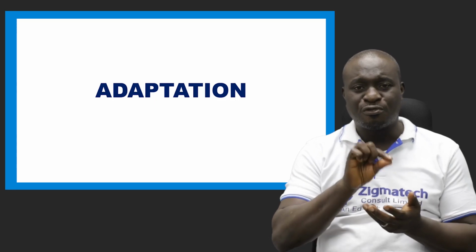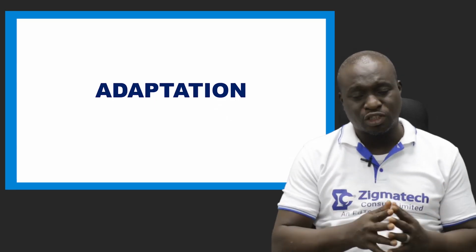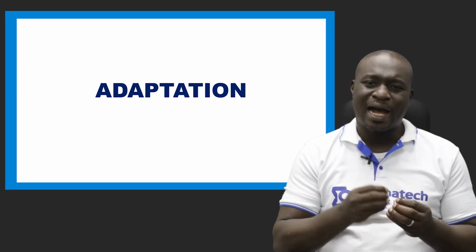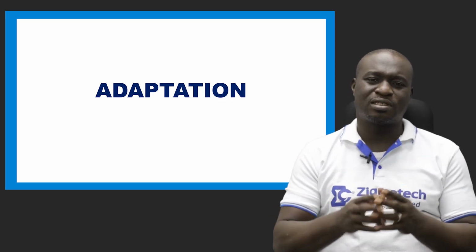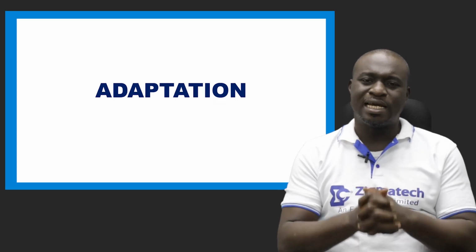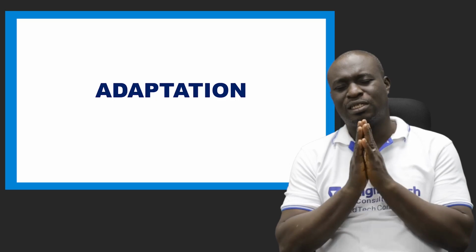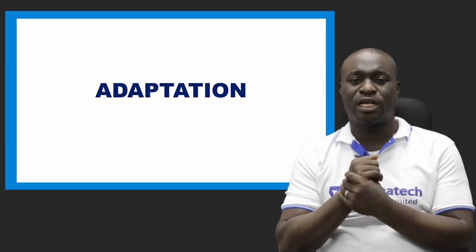And we're going to pick a few organisms, some plants and some animals, and look at how these organisms adapt to their own environment. So that's what we're primarily going to be discussing in this particular topic.